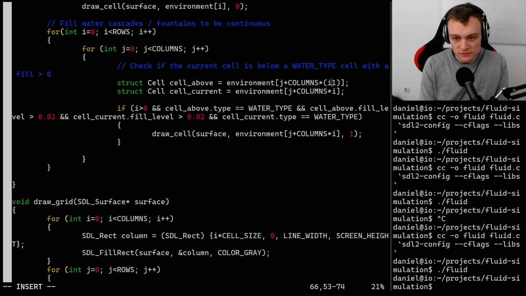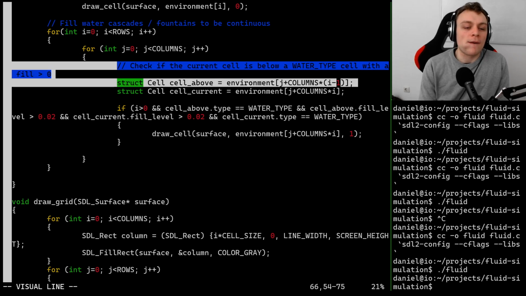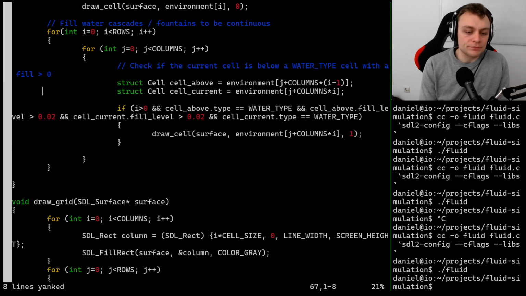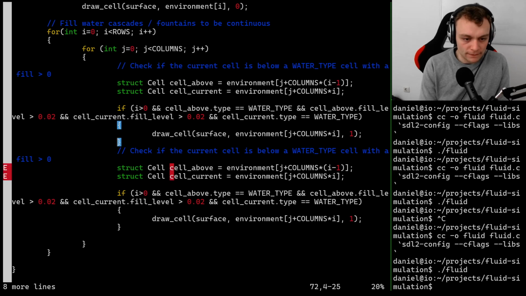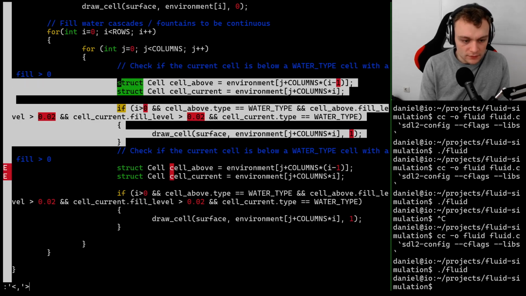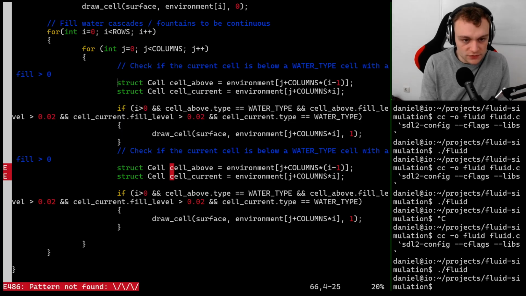Let's see what happens if we check the cell below. If the cell below... So let's string replace that and replace it with a comment.